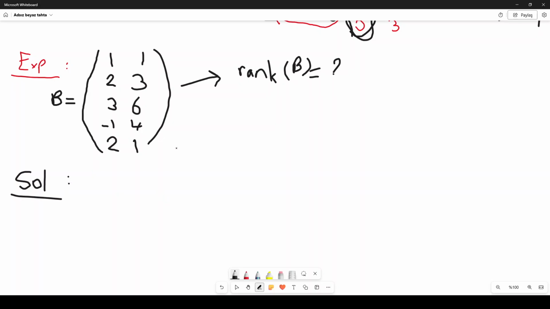Now I have a different matrix, and what is the size here? We have 5 rows and 2 columns, so we have a 5 by 2 matrix, and let's see what the rank is going to be. So what should I do? Again, the strategy is the same.